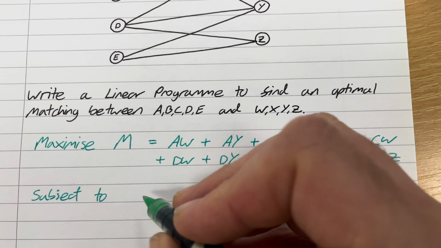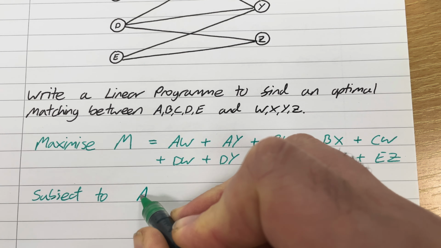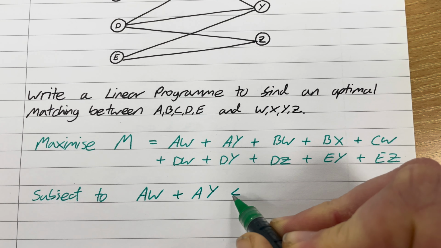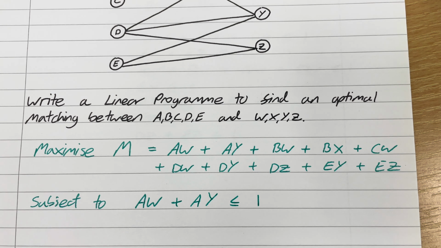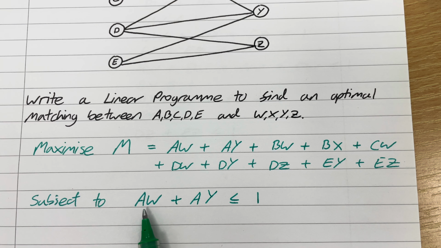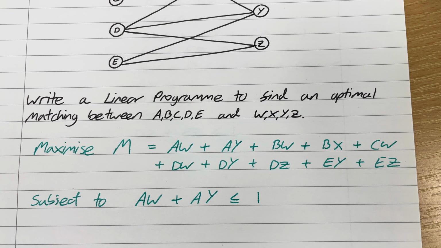We don't want them both chosen. So to represent that as an inequality, we have a constraint. We're going to have an inequality which is AW plus AY is less than or equal to 1. And what that will do is it will force either AW to be 1 or AY to be 1 or both to be 0, which is also possible.